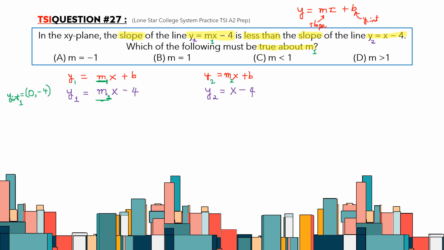The graph will cross the y-axis at negative 4. Similarly, the second line has the same y-intercept, the point (0, negative 4).